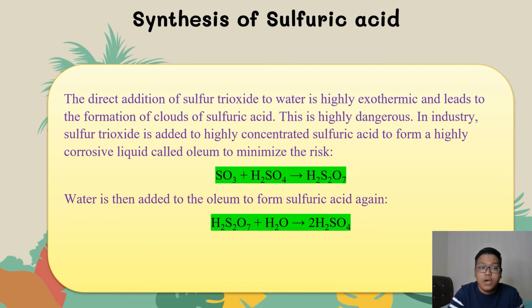So oleum is H2S2O7. Sulfur trioxide plus sulfuric acid produces oleum. Water is then added to the oleum to form sulfuric acid again.